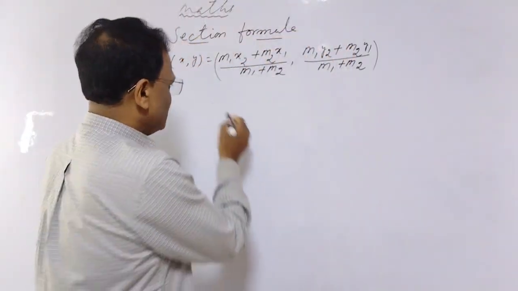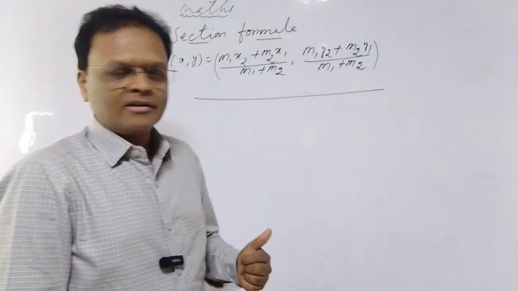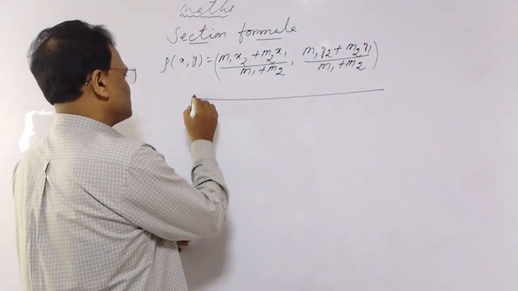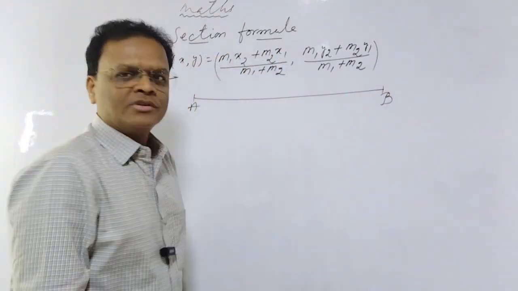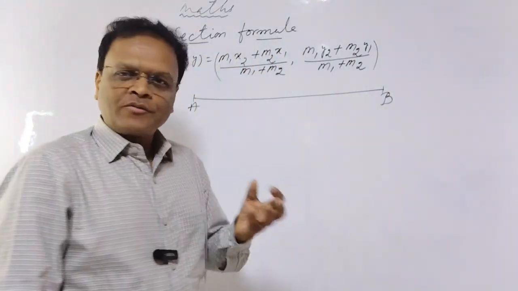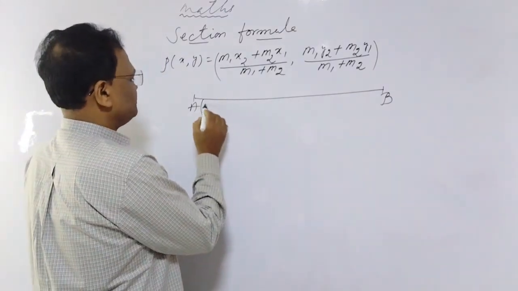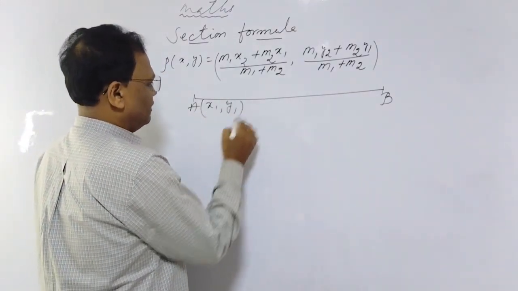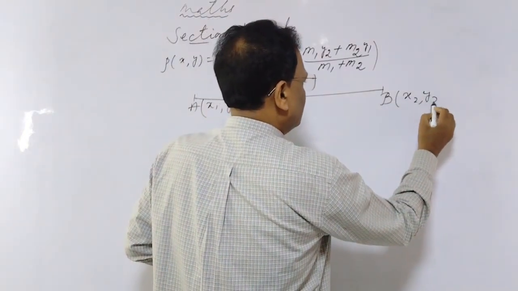So now let me say this is a straight line. Let me give the name of the straight line as A and B. Suppose the coordinates of both the points A and B are (x1, y1) and (x2, y2).